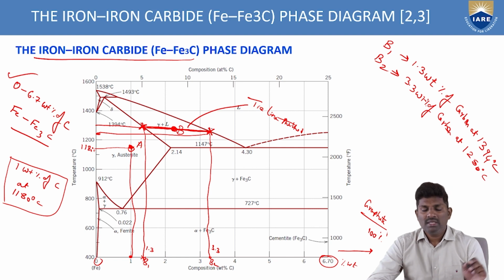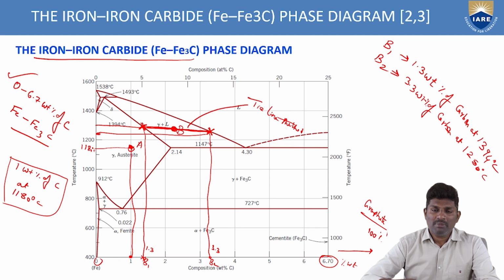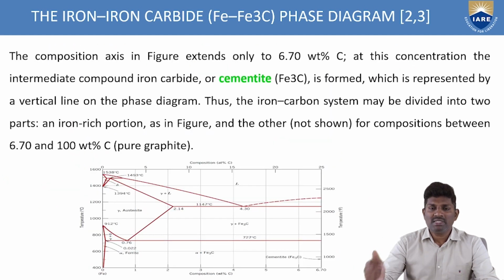So we are drawing the line like this, and we are getting the two compositions B1 and B2 with respect to temperature. So this is how you have to find out the compositions along any point in the phase diagrams, with the help of the tie line method if it is a two phase region, or just directly dropping the horizontal and vertical lines if it is a single phase. So that is about finding the composition.